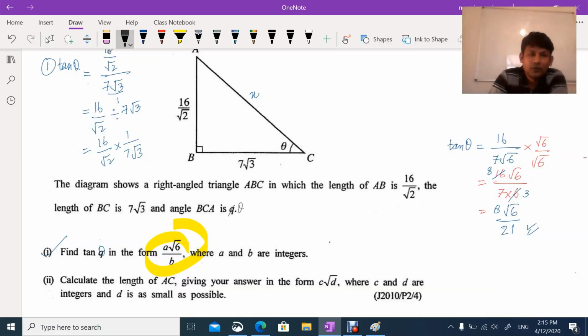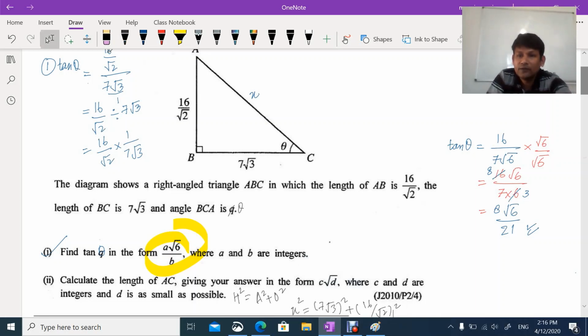To find AC, we have to use Pythagoras theorem. The hypotenuse square is equal to adjacent square plus opposite square. The hypotenuse is x square. Adjacent is 7 under root 3, whole square, and opposite is 16 upon under root 2, whole square, and by using this we can find the value by calculation.